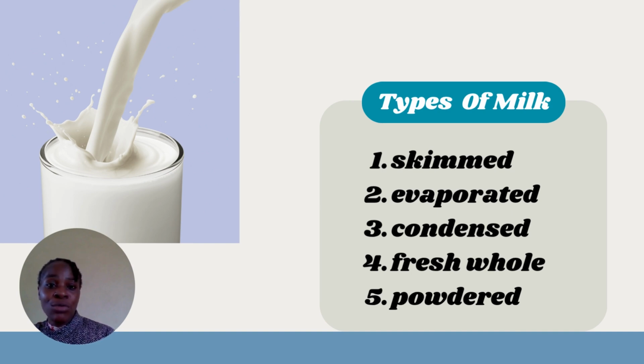In the previous slide I said milk can be formed by female mammals, and mammals are animals that do what? Can you remember what mammals are? Yes, animals that feed their young ones with breast milk, and they give birth to their young ones alive.